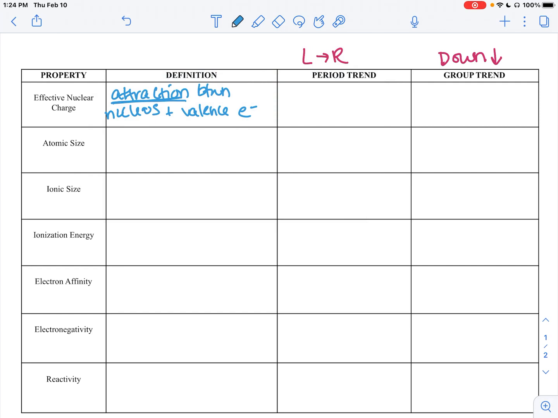So as we go from left to right, the attraction or the effective nuclear charge increases. And that is because you're adding more protons and electrons.